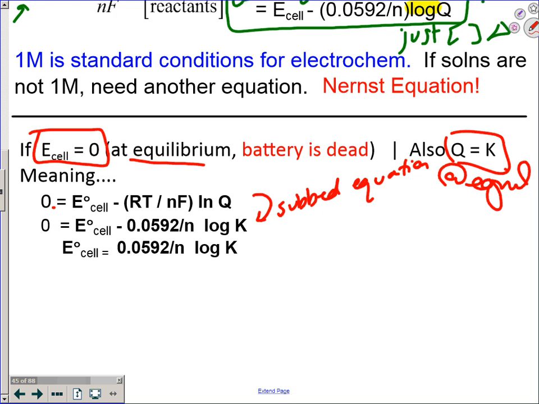And then solve for E naught cell, which would be the standard voltage. That would be only if you wanted to know what the previous voltage was before the battery died at standard conditions. Because you can always charge a battery back up with another galvanic cell. But regardless, we're going to use the Nernst equation for most of our calculations.